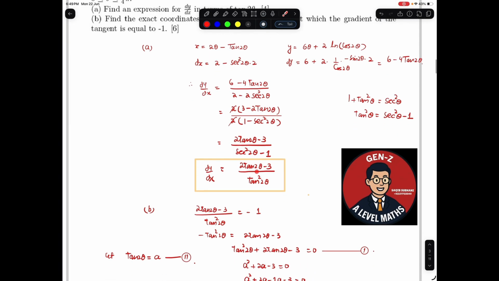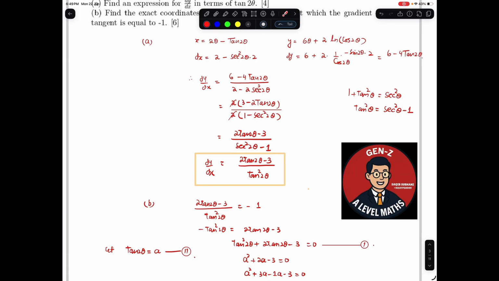You will get dy by dx is equal to 2 tan 2 theta minus 3 over tan square 2 theta. I just changed the arrangement, taking minus common, so we can write it like this.